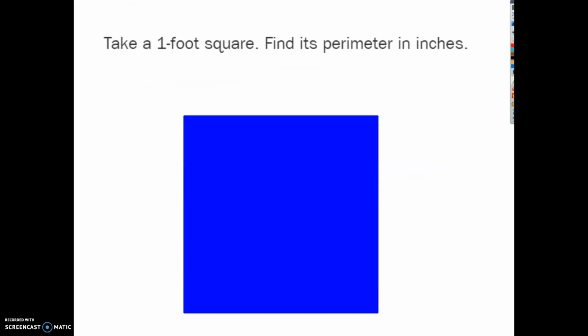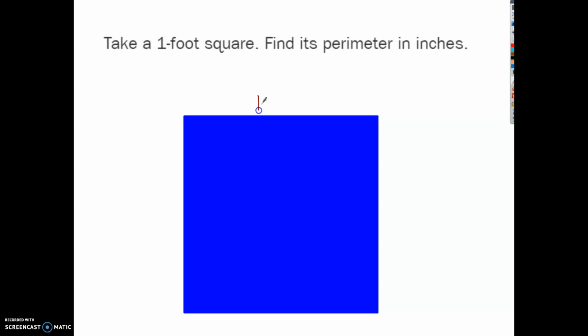Now that you're back, the first thing that I want you to do is find the perimeter of your square. Well, it's a 1-foot square, which means each side is a foot. We could do this a couple ways, but it wants us to do it in inches. So what do I know about a foot?